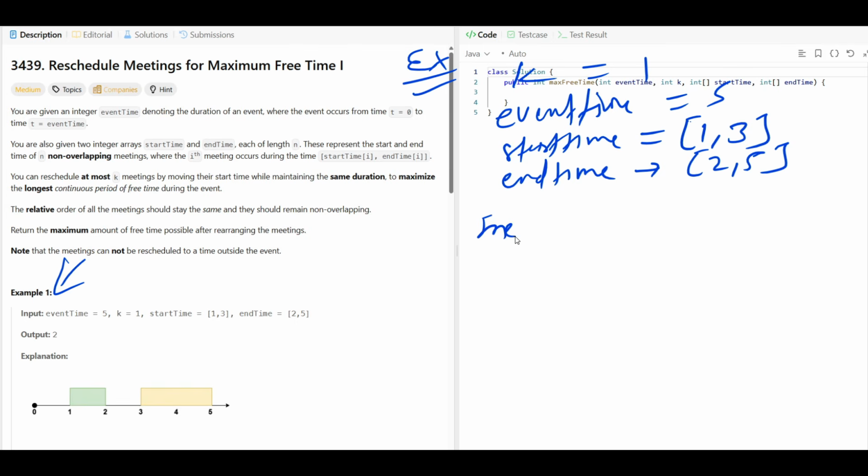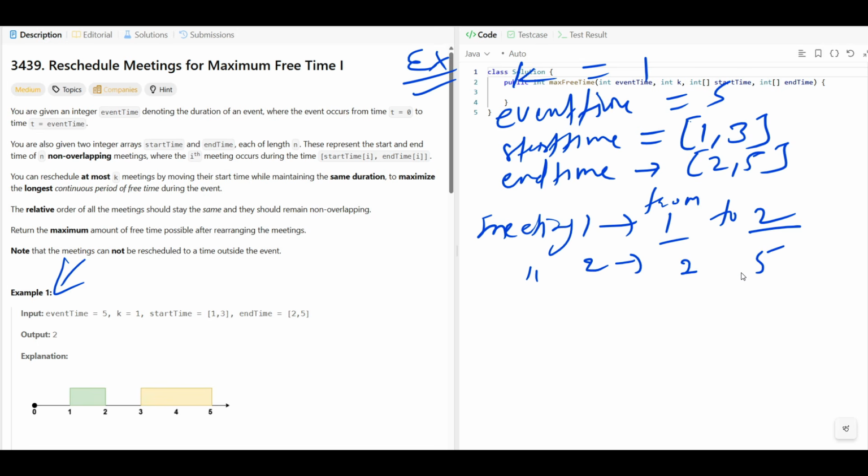Meeting 1 goes from 1 to 2. Meeting 2 goes from 3 to 5.